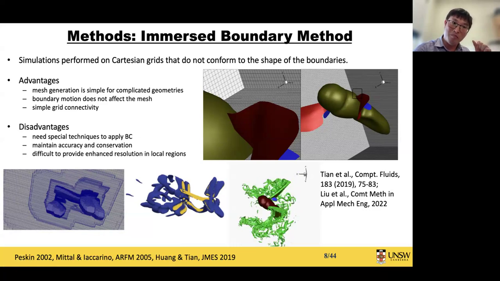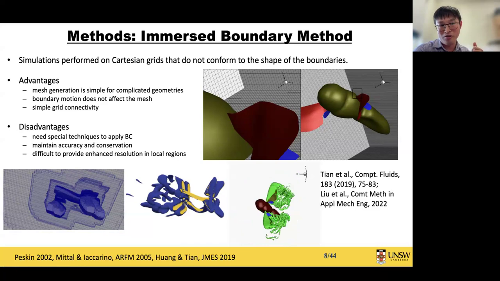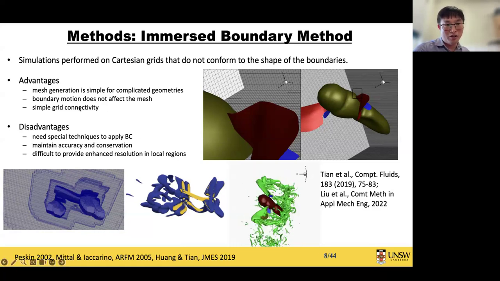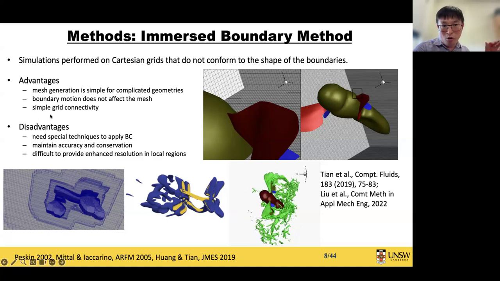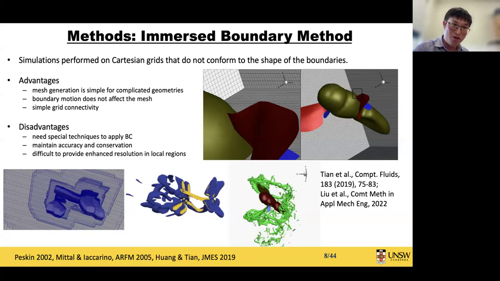The first is that mesh generation is very simple, even for very complex geometries. Boundary motion doesn't affect the mesh unless we apply an adaptive mesh strategy. And the grid connectivity here is very simple compared to the unstructured mesh.